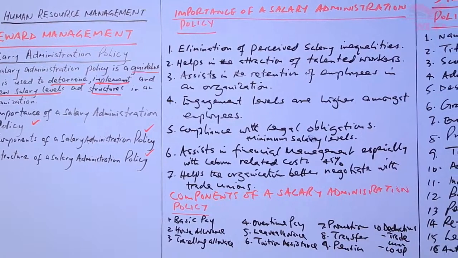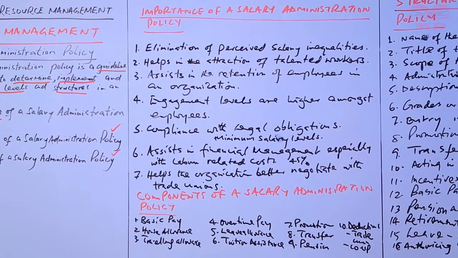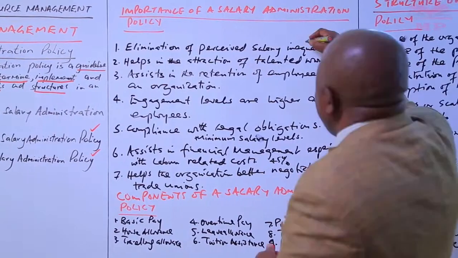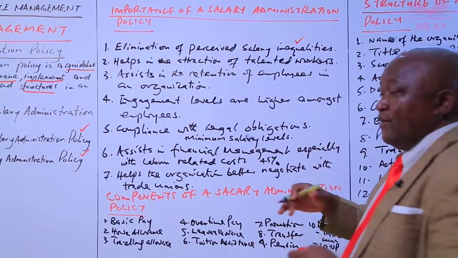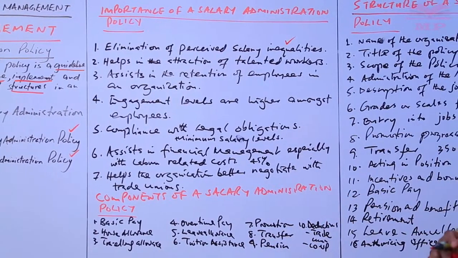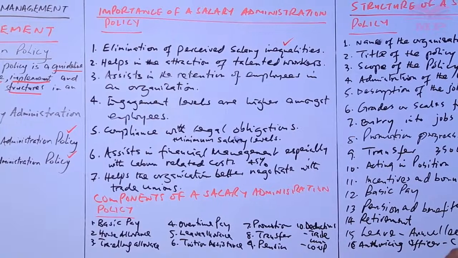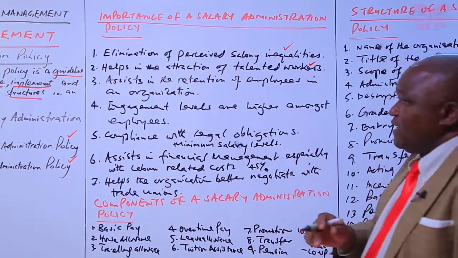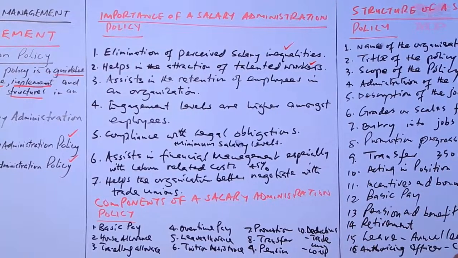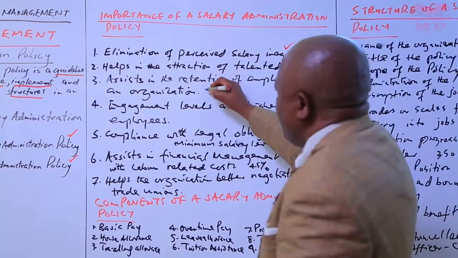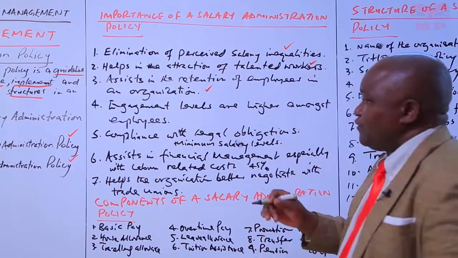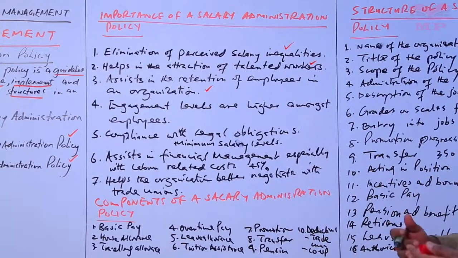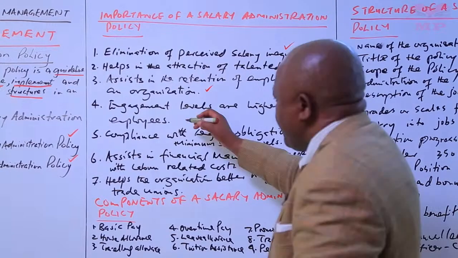And under importance of a salary administration policy, we have said, number 1, it helps in the elimination of perception of salary inequalities. Number 2, helps in the attraction of talented workers. Number 3, assists in the retention of employees in an organization. Number 4, enhances engagement levels of employees.